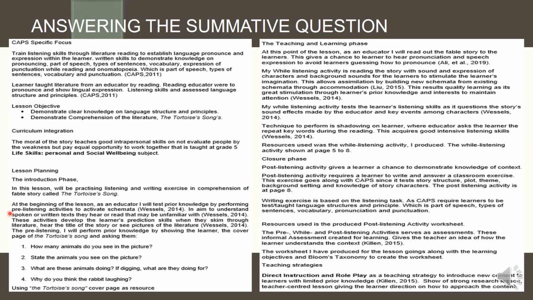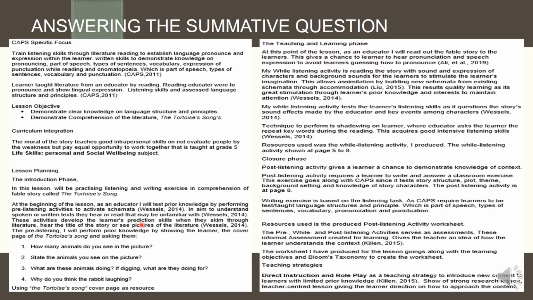Yeah, that's just self-explanatory. These activities develop the learner's prediction skills when they skim through literature or hear the title of a story or see pictures of the literature, according to Wilson's. Just to go back, learner's prediction.